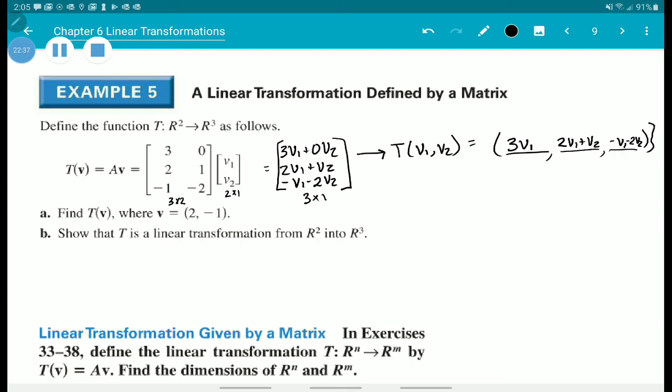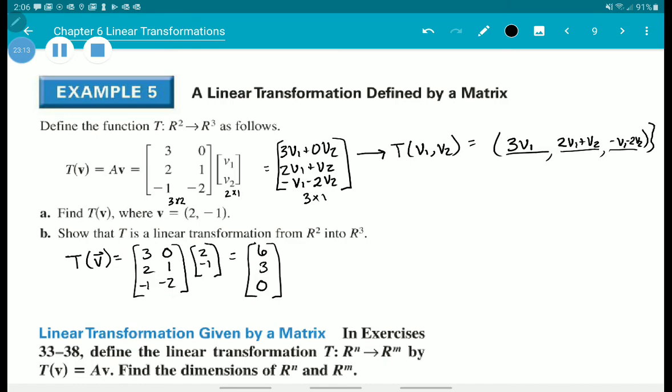Now in part A, they're asking us to find the transformation of V, where V is equal to the vector 2, negative 1. So transformations really can boil down to just matrix multiplication. If we were to multiply this out, 4 minus 1 is 3.